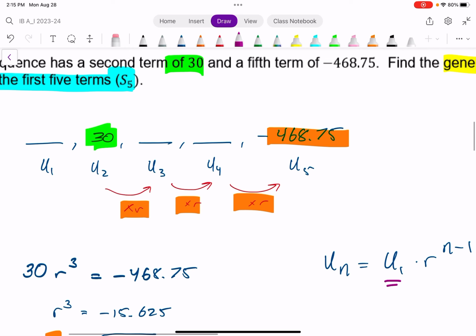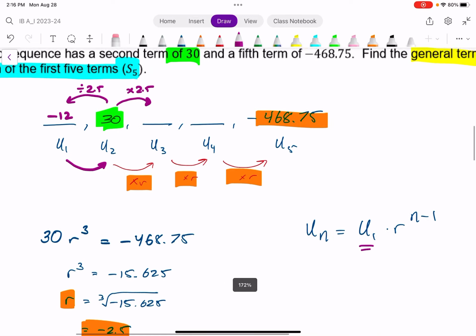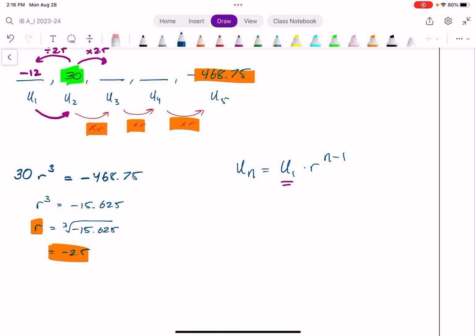So I now know when I go from here to here, I multiply by negative 2.5. Well, I want to go backwards. And so that means I want to divide by negative 2.5. And so that first term must be the same as 30 divided by negative 2.5, which a quick calculation tells me that's negative 12. And if you're unsure, just double check, go this way, multiply by negative 2.5, and you do indeed get to 30. So now I have everything I need to find the general term here.